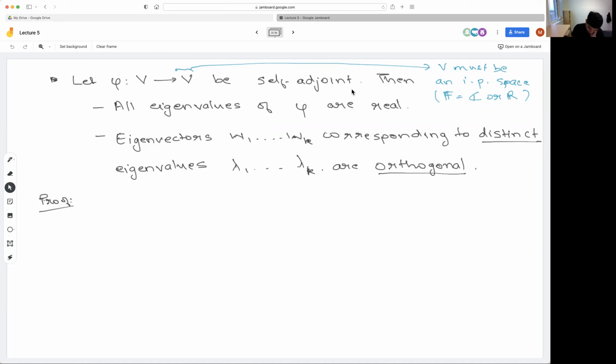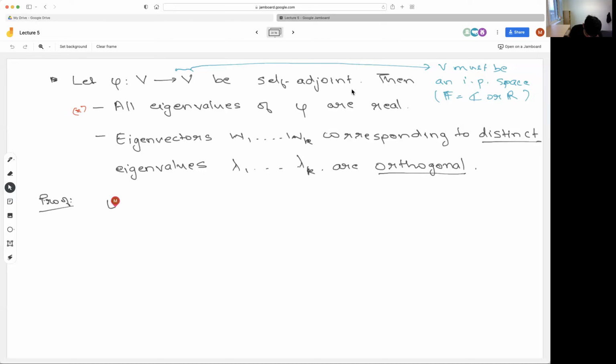Any questions about the statement before we proceed to the proof? So let's start with the proof of the first property. It's really an exercise in just applying the definitions of adjointness and inner product. All eigenvalues we want to prove real.